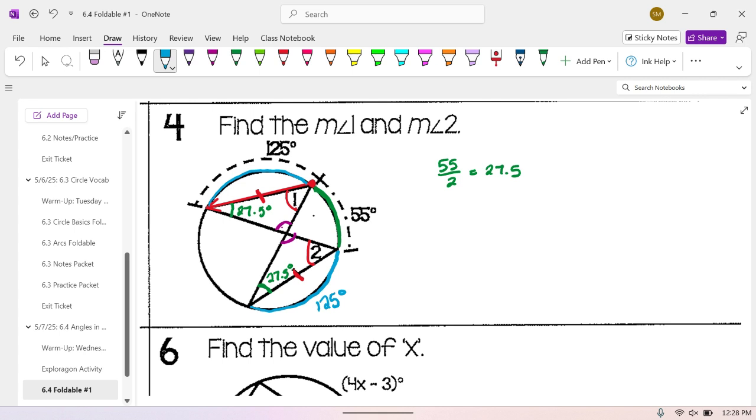Now, why is finding that important? What arc do we need to find angles 1 and 2? It's the last little piece I haven't highlighted yet, right? So this piece right here is what we need to find in order to find angle 1 and 2.